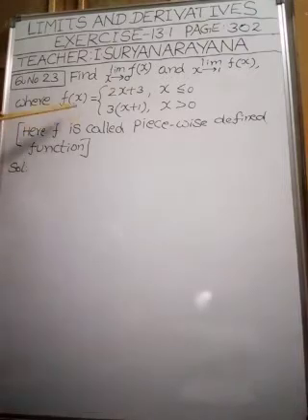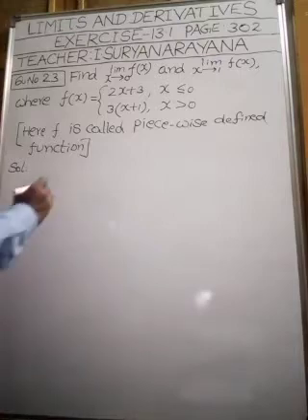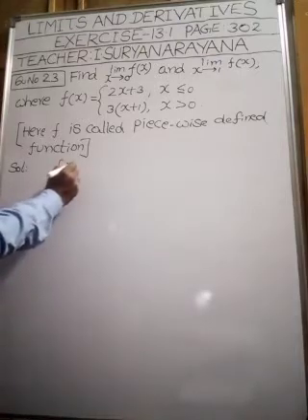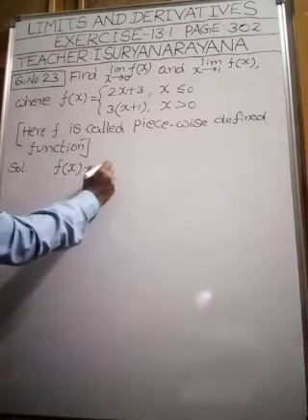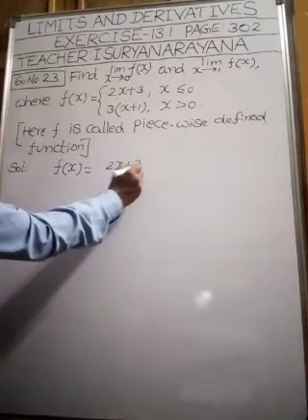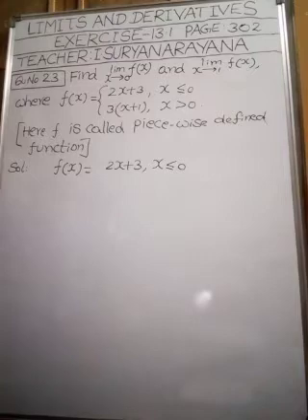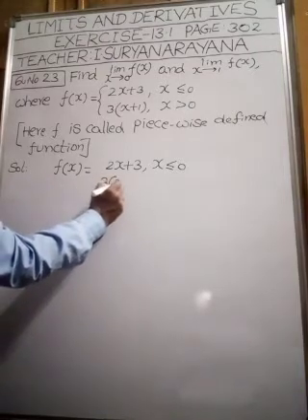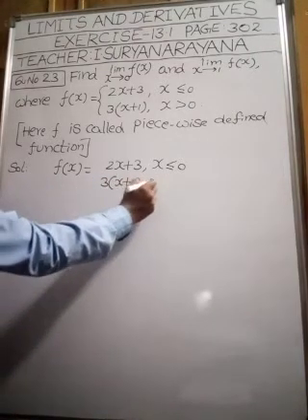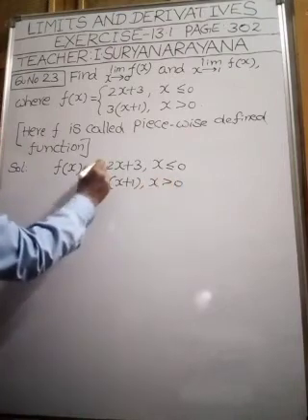Right. Now come to the given data. What is given here? f of x is equal to 2x plus 3 when x is less than or equal to 0, and 3x plus 1 when x is greater than 0.